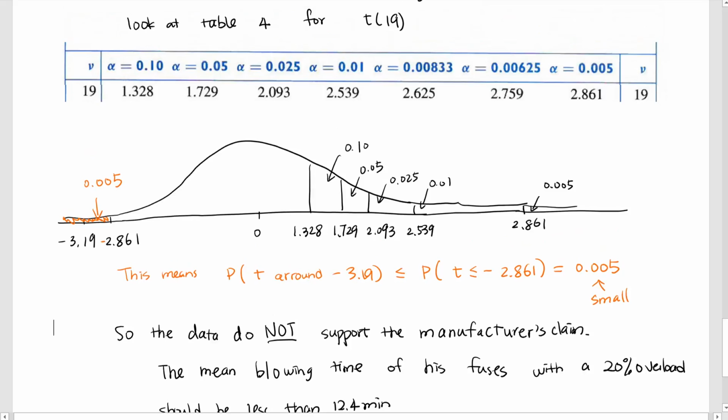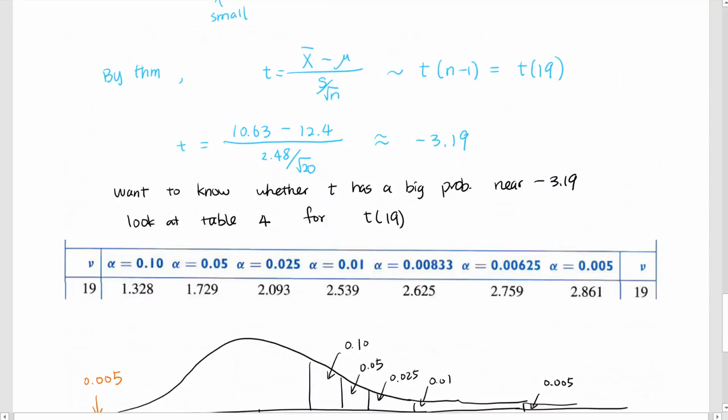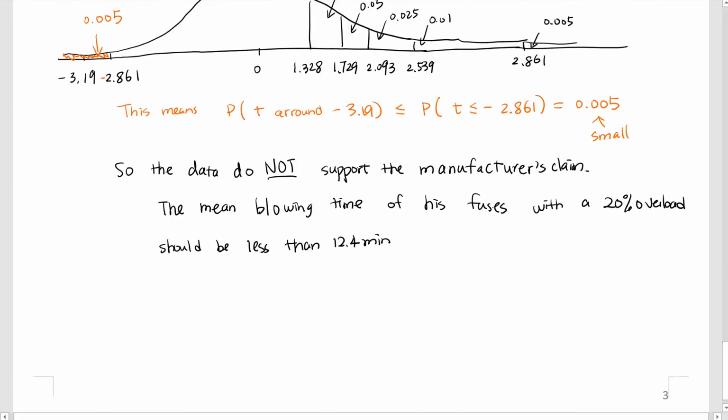How do we know less than? Go back. His claim is 12.4 minutes, and our data mean is 10.63, which is less than 12.4. So we know the mean should be less than 12.4 minutes.